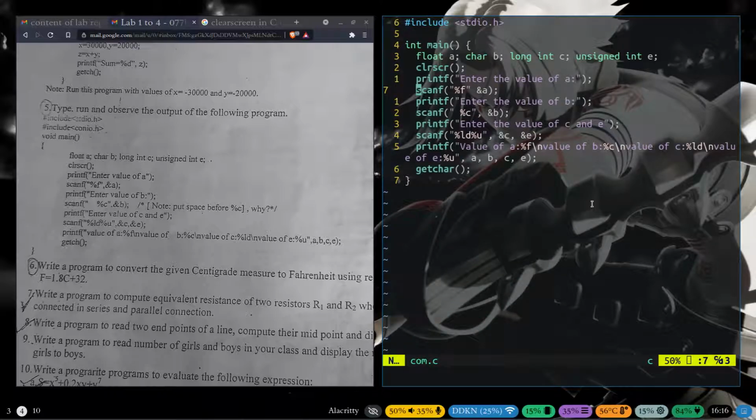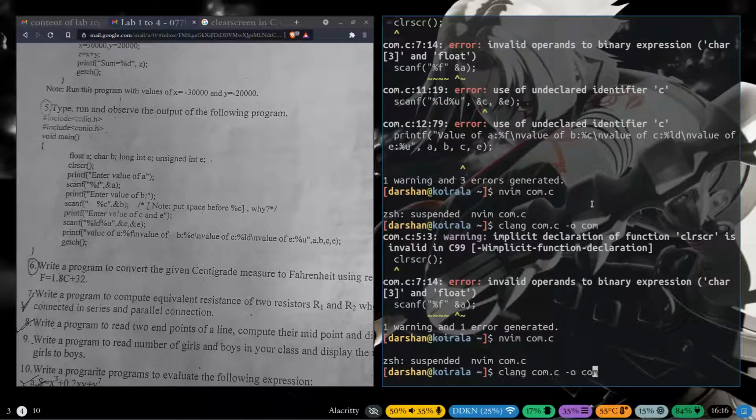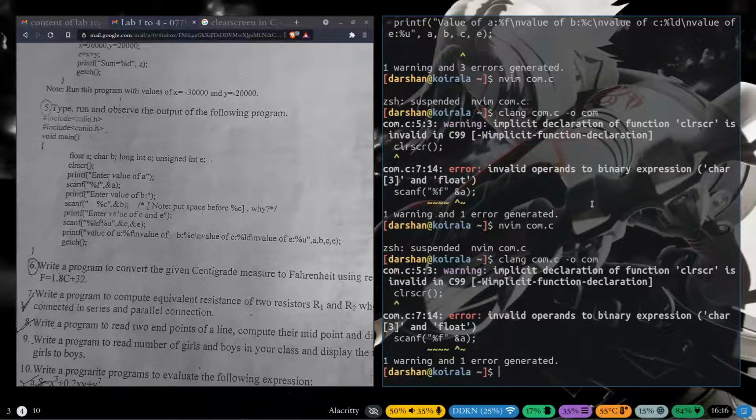7th line. It's scanf. It's just working. Why isn't it? Enter the value of B. Invalid operand for binary expression, character, character B, scanf %f and A. What is A?